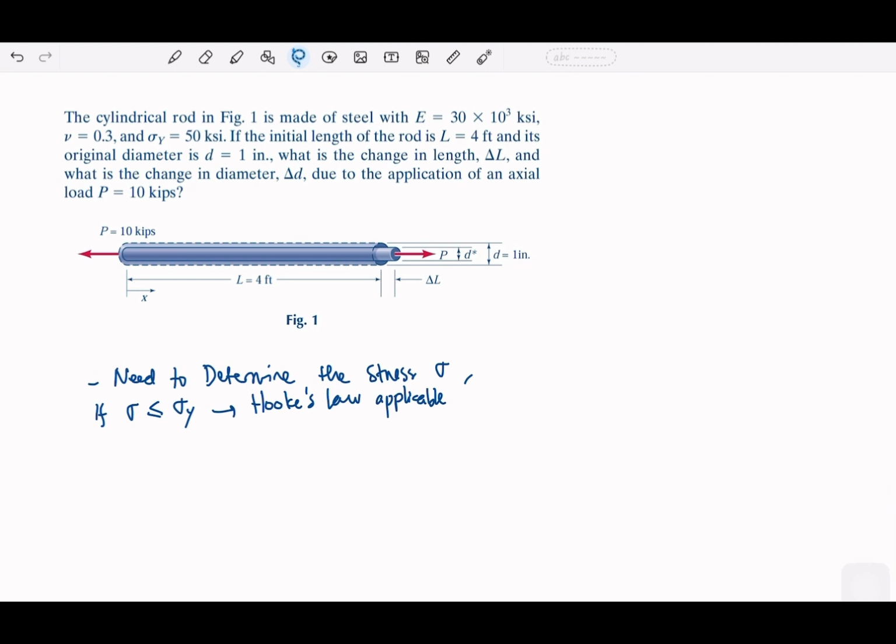Now, I think this is quite a simple free body diagram, right? So I think we can make this a very simple diagram. And we say this is just the P, this is the P, right?